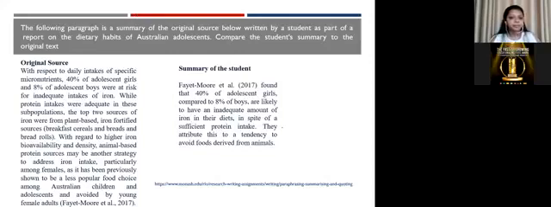Let's see. While protein intakes were adequate in these subpopulations, the top two sources of iron were from plant-based iron-fortified sources, breakfast cereals and breads and bread rolls. Now, in this second sentence, what is the most important point for us?